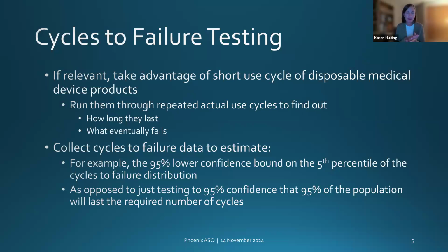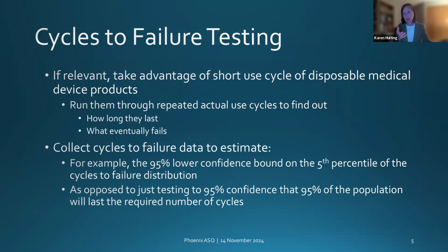But what's really valuable about testing particularly disposable products, particularly short-cycle-time products, to their failure point, is that we may be very confident that they last more than a couple of cycles, but it's really good to know specifically how many cycles they would last, and even more important, when they fail, how do they fail?